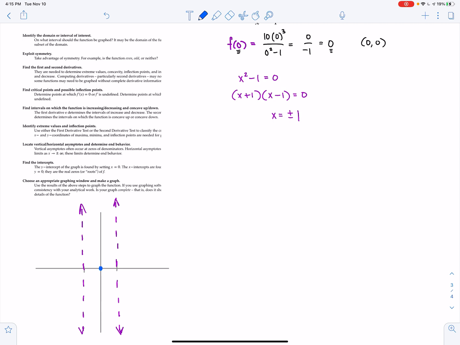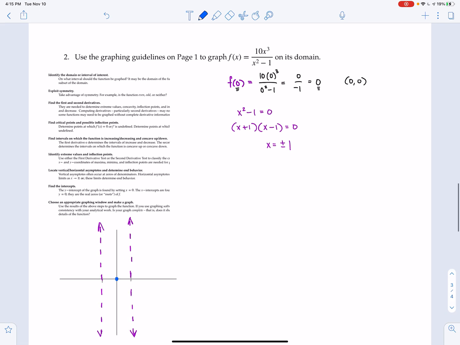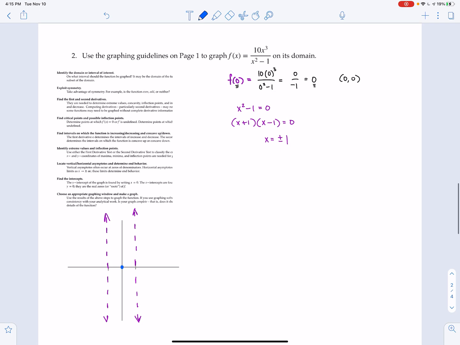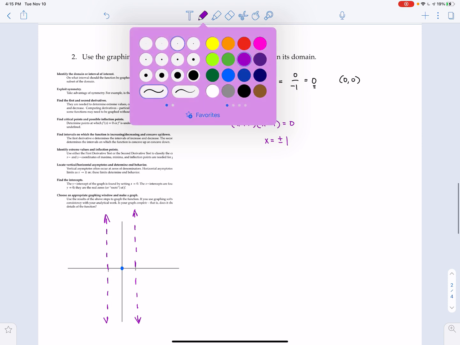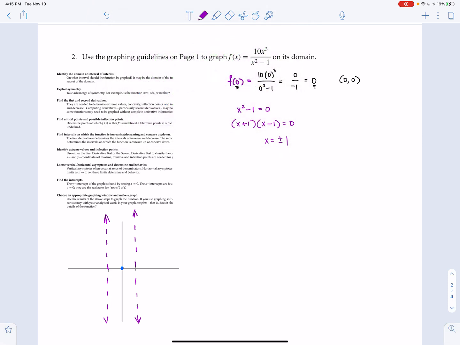All right, and let's do some other pieces here. In terms of asymptotes, horizontally, or actually in this case obliquely, I have an oblique asymptote of y equals 10x.